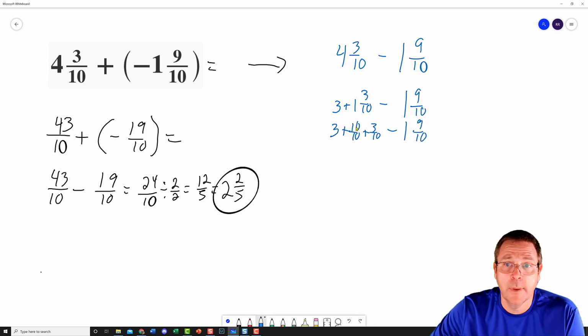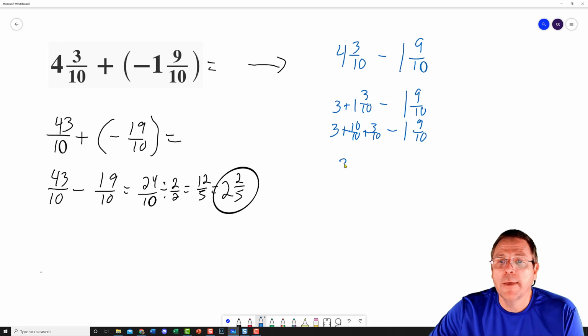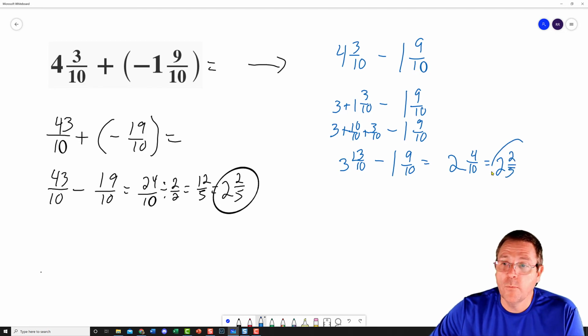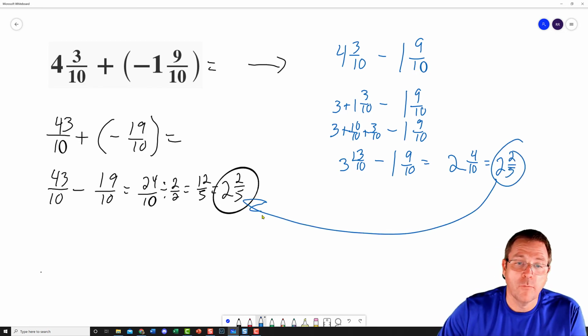You with me? 10 plus 3, that now gives me 3 and 13 over 10 minus 1 and 9 over 10. Now I can say 3 minus 1, that's going to equal 2. 13 minus 9, that is going to equal 4 over 10, and that of course simplifies to be the same 2 and 2/5 we found doing the problem right there.